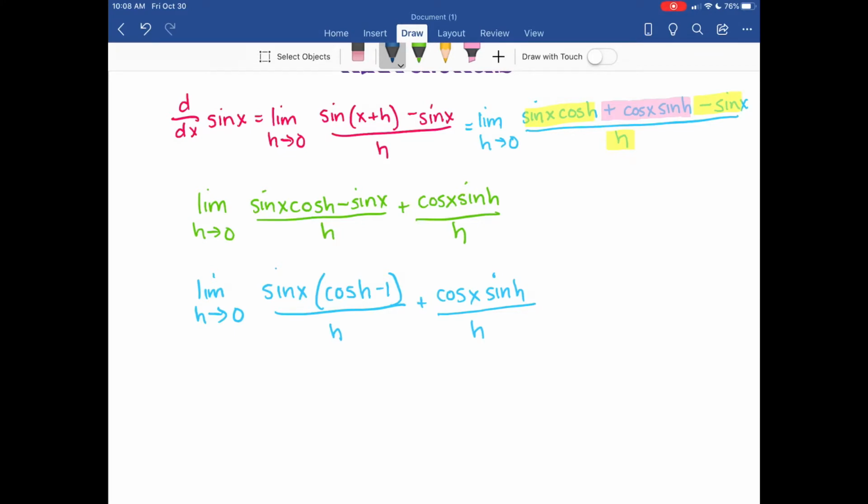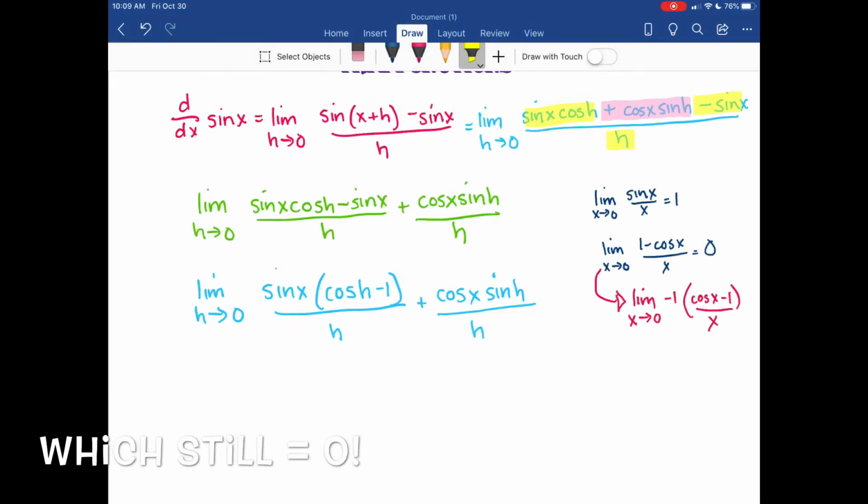Now, don't forget these two limit functions that we know. And looking at the second one, we could factor out a -1, and we would get this. So let's look at what we have in our blue limit formula.